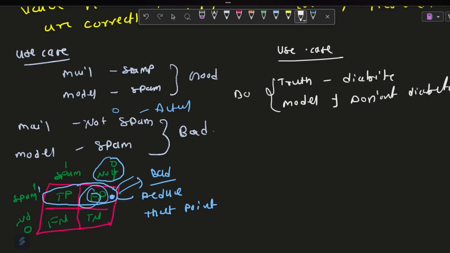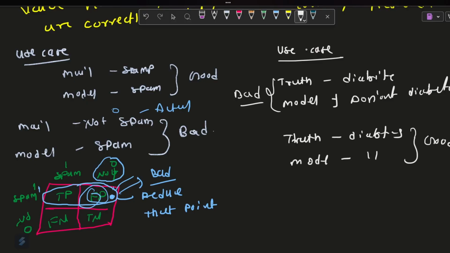That's the bad way the model predicts. Similarly, the truth is diabetes, and the model also predicts diabetes. In that case, that's good, the model predicts right.